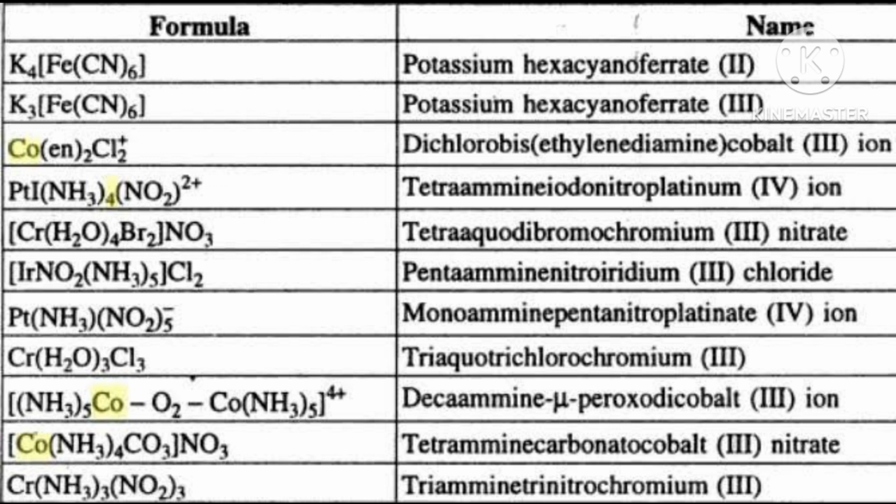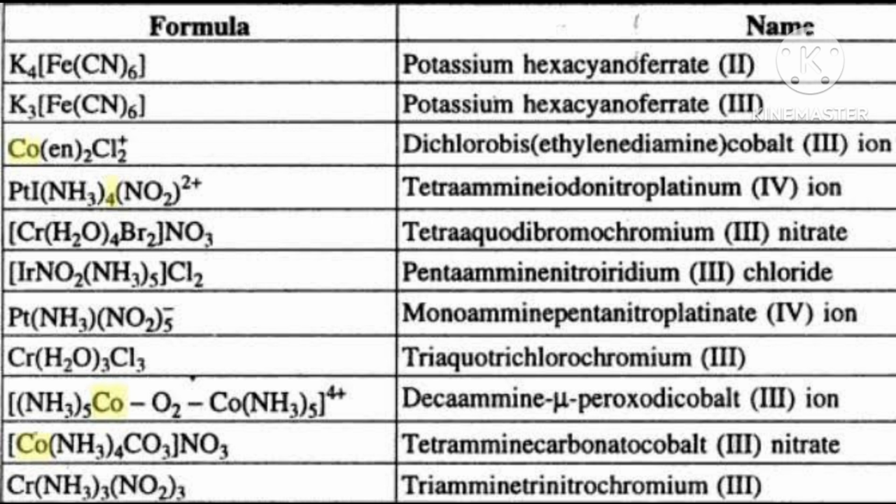Then chromium has oxidation state 3. Then 3 plus 0 is equal to plus 3. That's why in this complex, on the complex ion, 3 plus is there. I think you have understood how the charge is written outside.